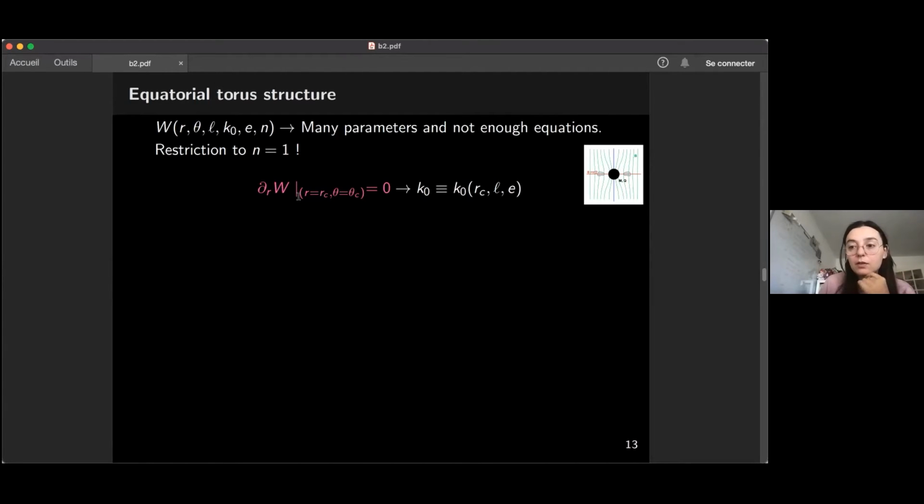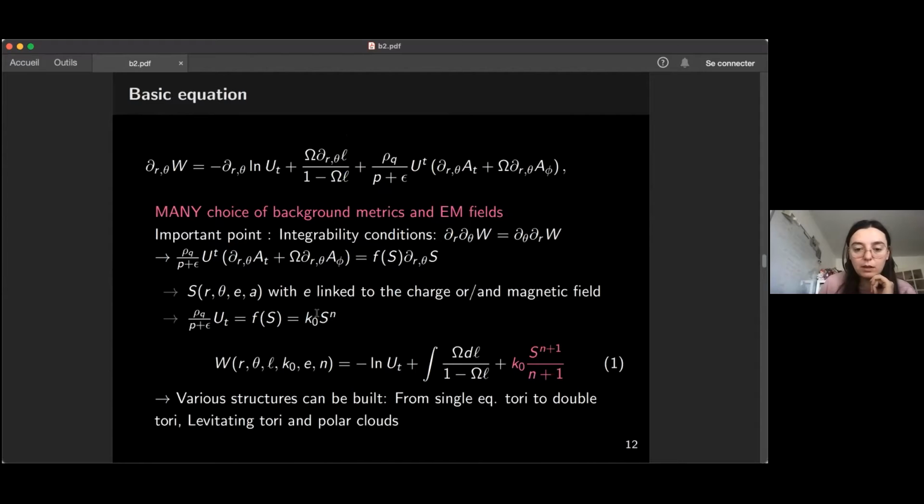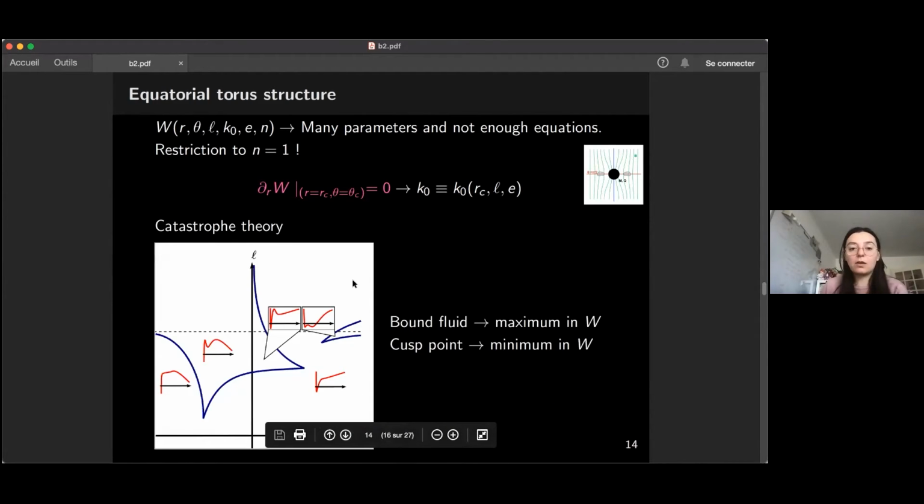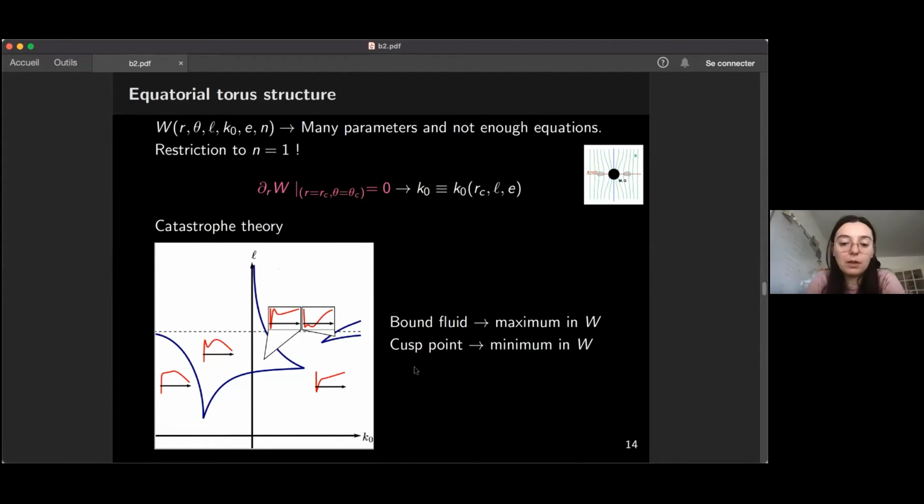And Christ Troven, who is working with us, found this interesting catastrophe theory, which helps us to have some insight about the value of L, the specific angular momentum, and K0, how much the matter is charged, to get the solution.